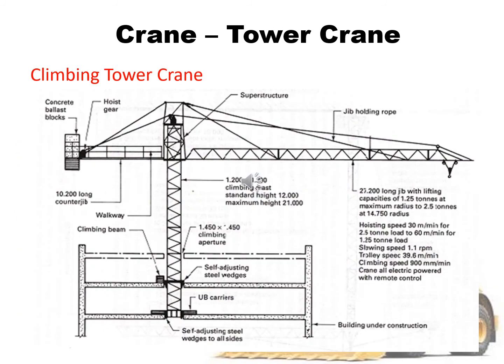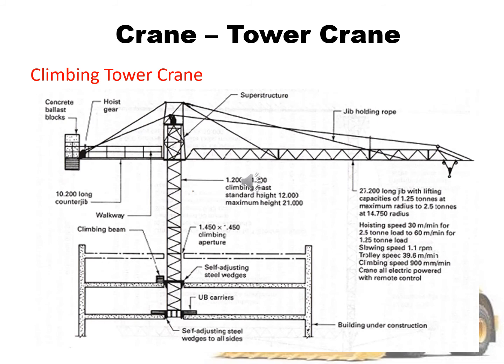The photo shows the parts of climbing tower cranes such as climbing beam, climbing aperture, self-adjusting steel wedges, universal beam carriers, climbing mast, jib holding rope, hoist gear, and concrete ballast block.